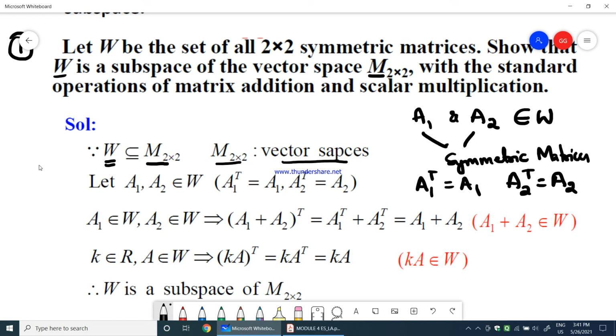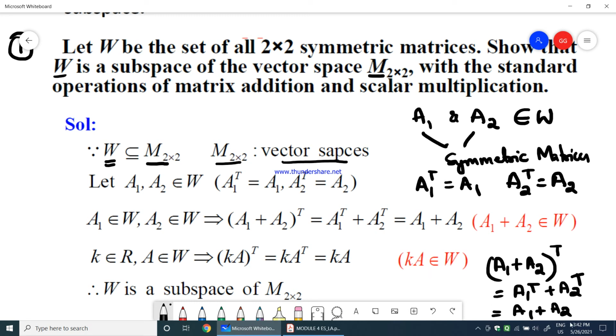Now if I take A1 plus A2 and take the whole transpose, this will be equal to A1 transpose plus A2 transpose. This is also equal to A1 plus A2. You get back A1 plus A2.